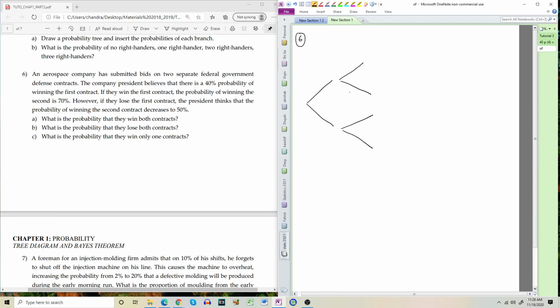The company president believes that 40% probability. 40% means you should be able to convert that into decimals. That should be 0.4, winning the first contract. This is the first contract. This is the second contract. This is win. This is losing the contract. This is win. This is loss.